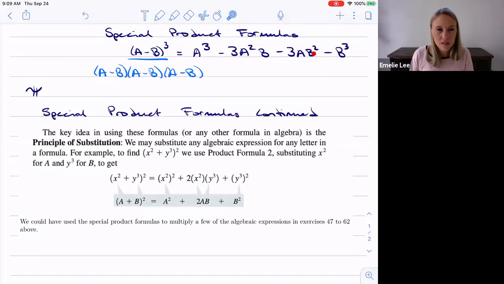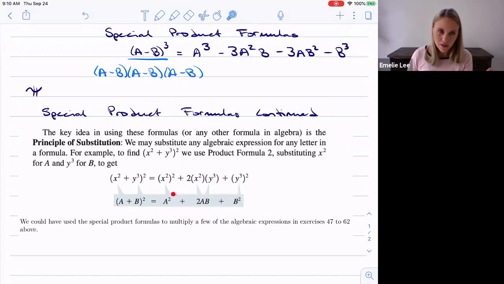A coefficient of 1, something to the power of 3, so it's not necessarily a nice thing to the power of 3, but if we can imagine one thing to the power of 3, and then minus a coefficient of 3 times that first thing squared times something else, minus a coefficient of 3 times that first thing times that second thing squared, minus that second thing cubed.